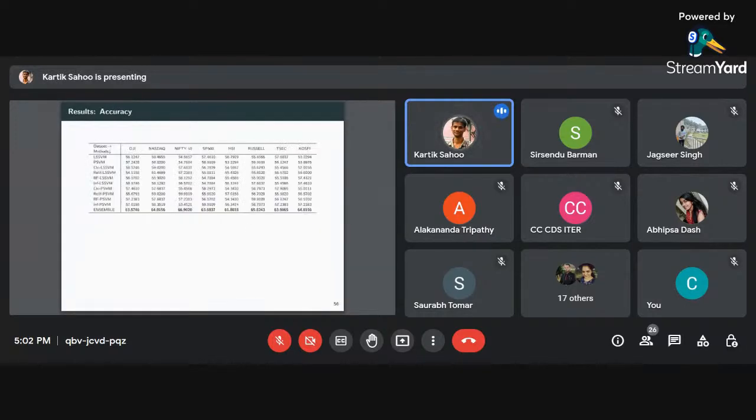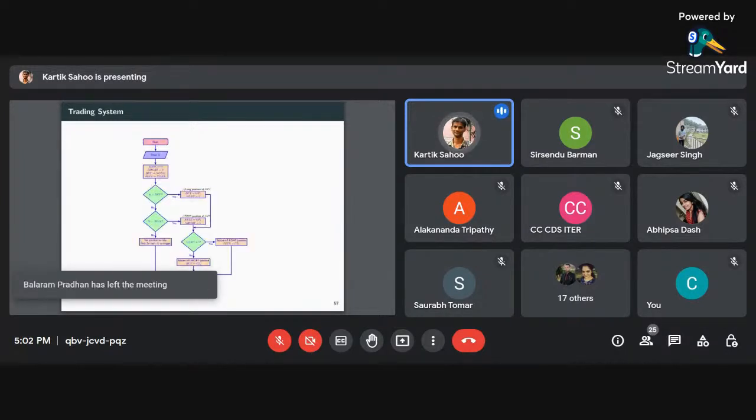Our work will not be done here. We need to use those things to actually make money, because that's what we are interested in. So for this, this is a simple trading system. Long means we are buying.